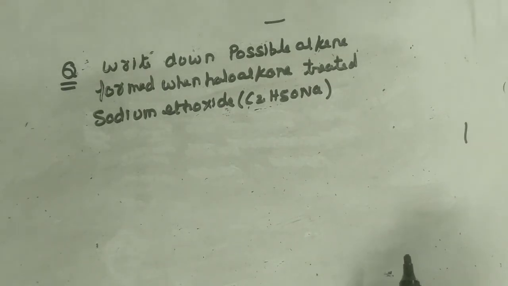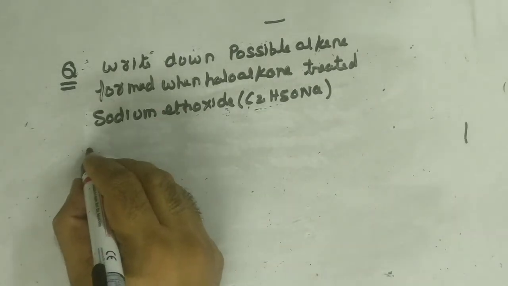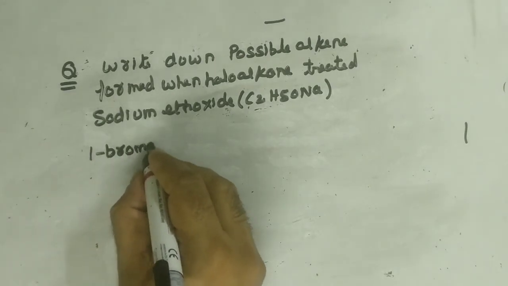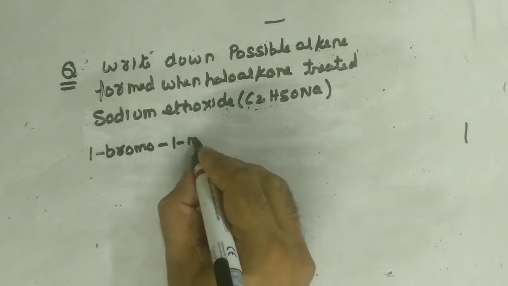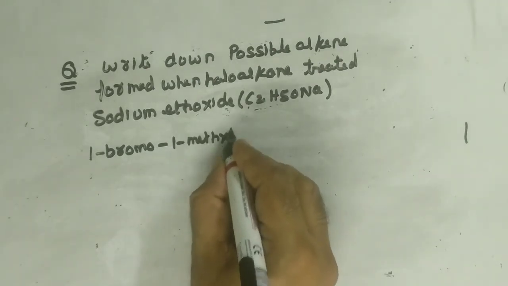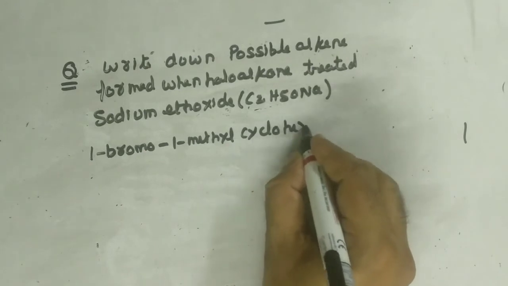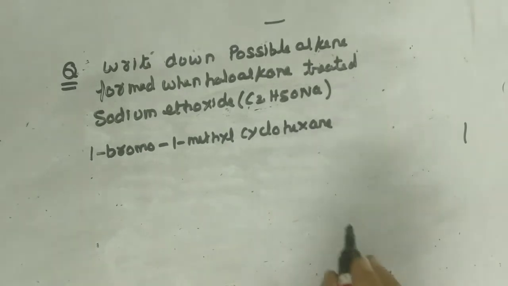Major will be the one which obeys the Saytzeff rule, minor will be the one which doesn't obey the Saytzeff rule. The first question that is given is 1-bromo-1-methylcyclohexane. We want to react it with sodium ethoxide.